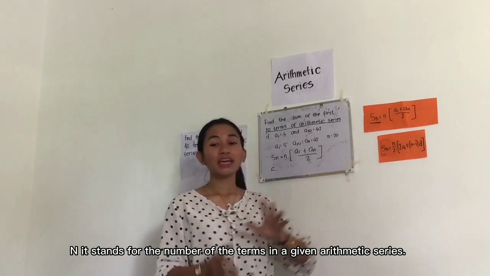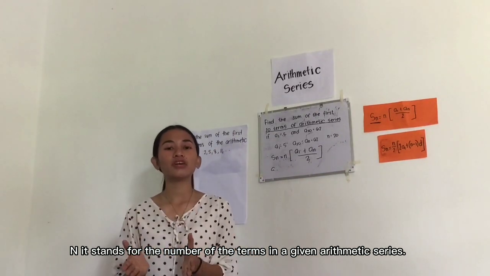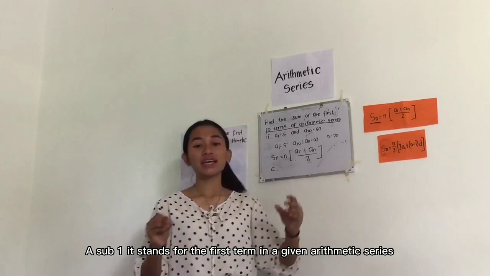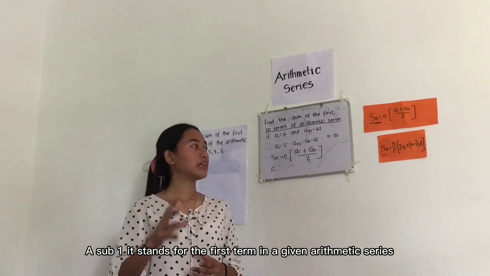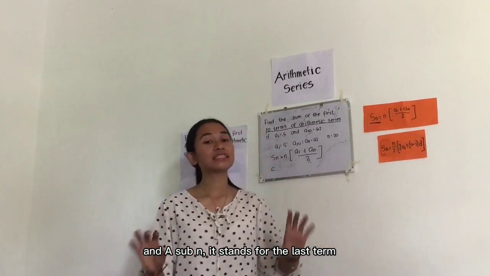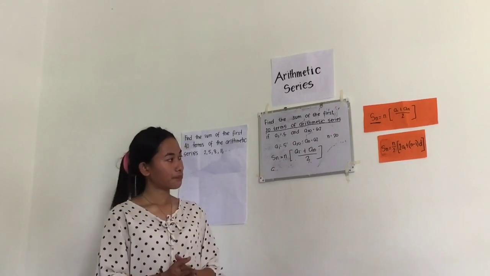And n stands for the number of terms in a given arithmetic series. A sub 1 stands for the first term, and a sub n stands for the last term in a given arithmetic series.